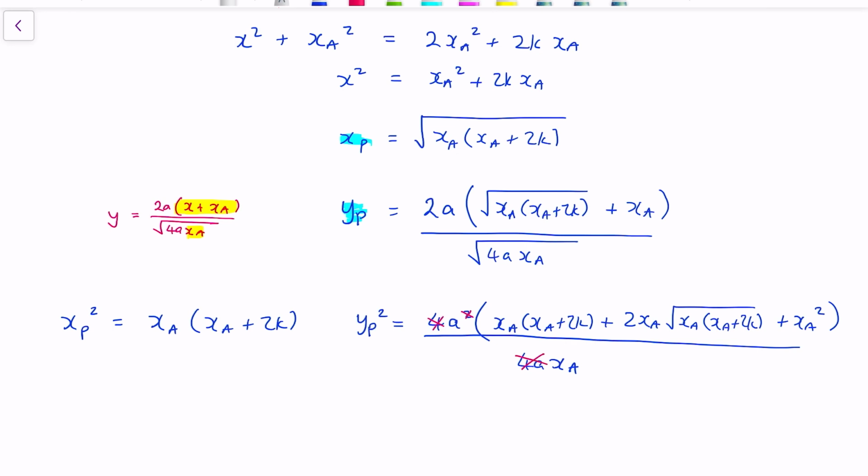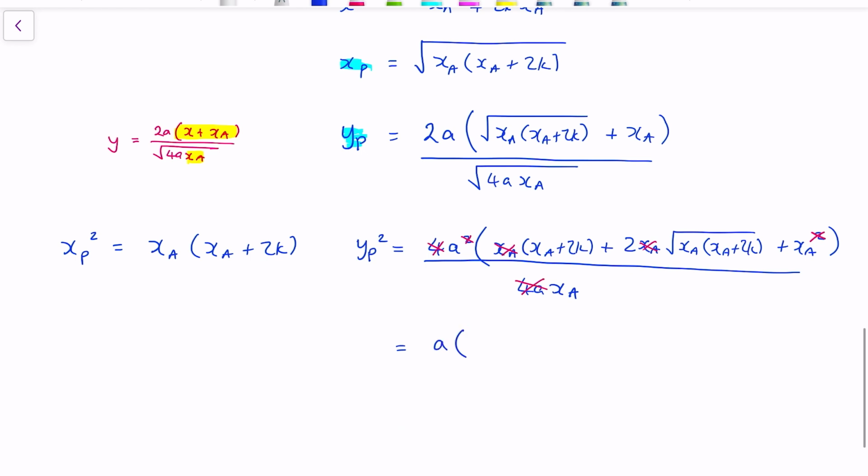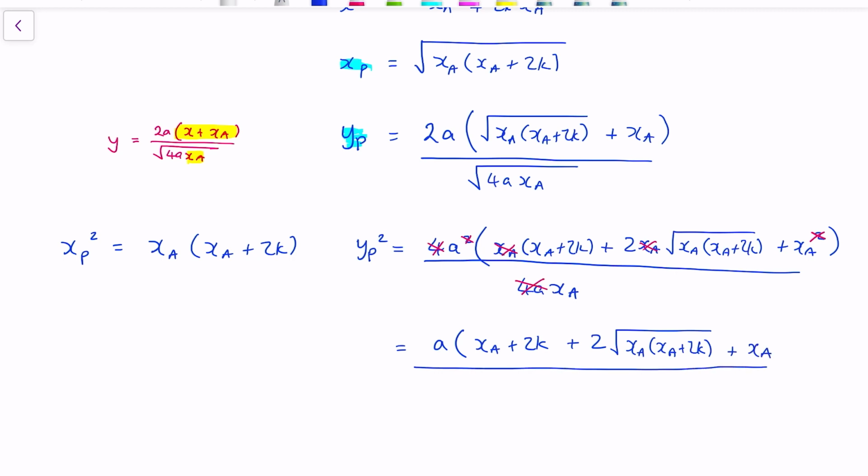And I can also divide everything in that bracket by xa. xa's gone there, xa's gone there, and xa's gone off that one. So we're left with a multiplied by xa plus 2k plus 2 lots of this plus xa, all divided by, no, I've got rid of the xa's as well, so it's gone.